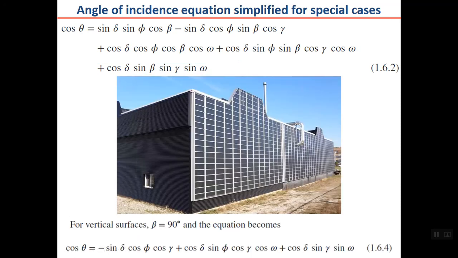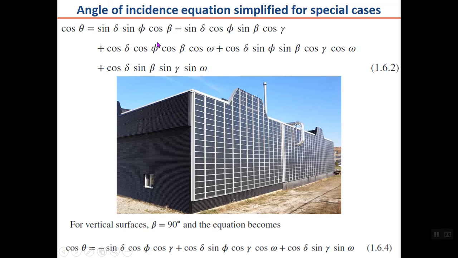The other simplified case is for a vertical surface. If in this equation you have a vertical surface, then as you may remember, we take beta as 90, and the equation then becomes this, because you can simplify every term here which has a trigonometric relation with beta, like sine of beta, which is 1, or cosine of beta, which is 0.